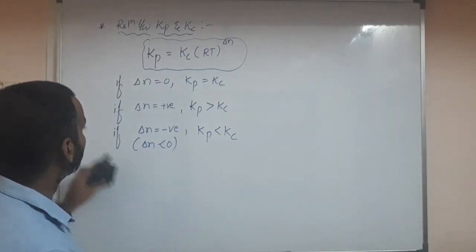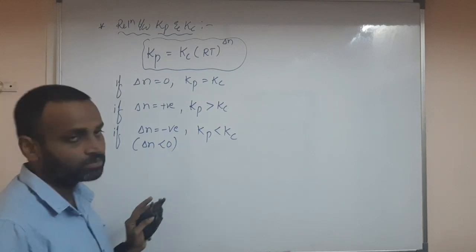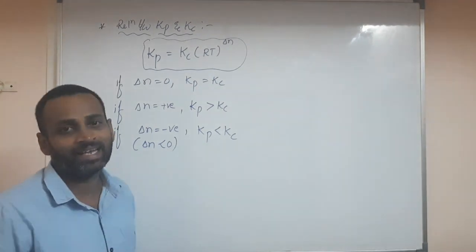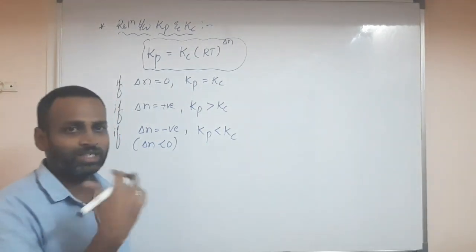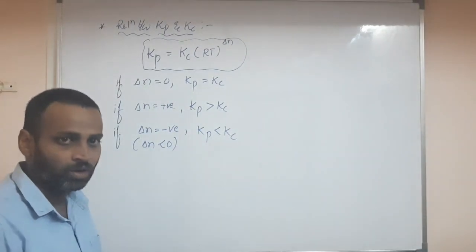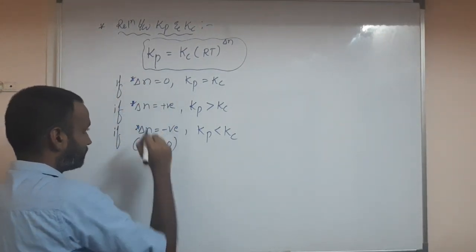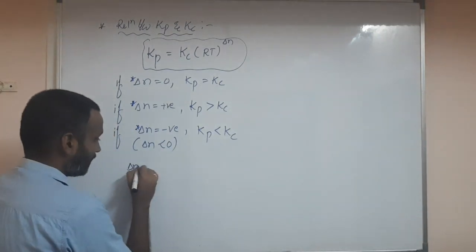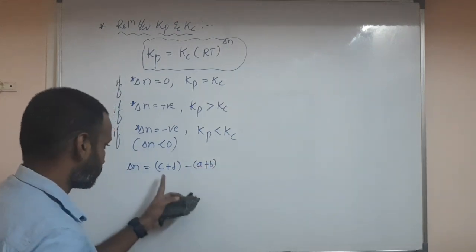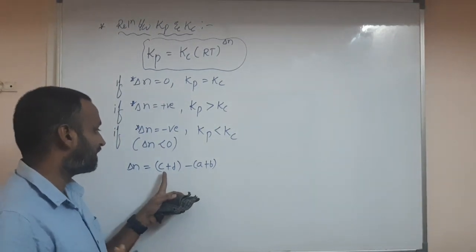This is one of the most important things, the relation between Kp and Kc. And from this, they can ask one question: in which of the following Kp is greater than Kc, Kp is equal to Kc, or Kp is less than Kc? Which big, which small, which equal, they can ask you. So simply you have to calculate delta n: c plus d minus a plus b.